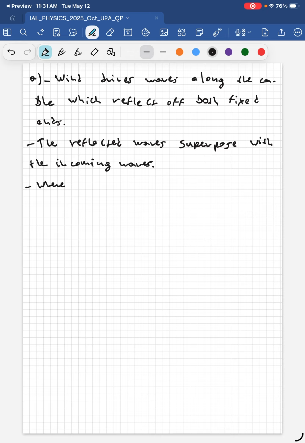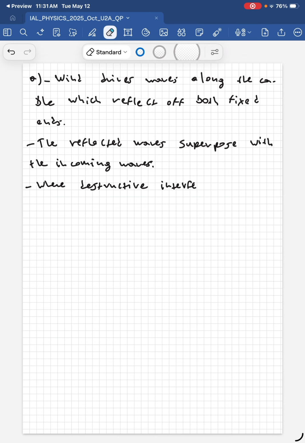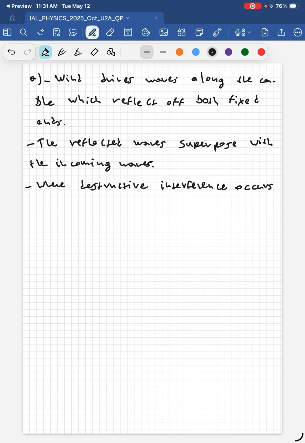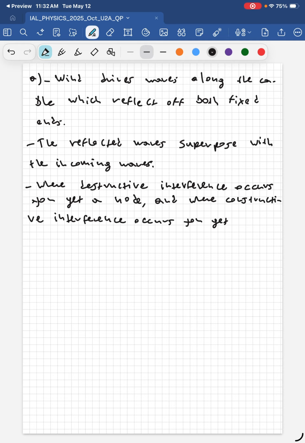Where destructive interference occurs, you get a node, and where constructive interference occurs, you get an antinode. So this forms a standing wave.